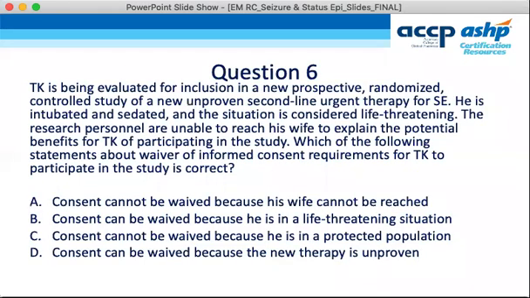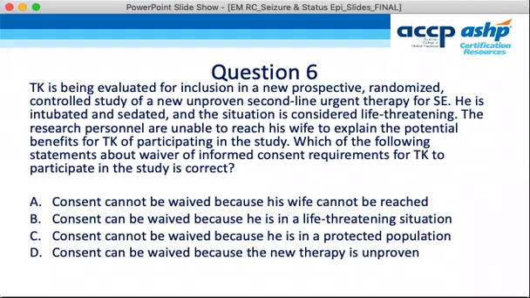And this brings us to our last question. TK is being evaluated for inclusion in a new prospective randomized controlled study of a new unproven second-line urgent therapy for status. He is intubated and sedated, and his situation is considered life-threatening. The research personnel are unable to reach his wife to explain the potential benefits for TK for participating in the study.